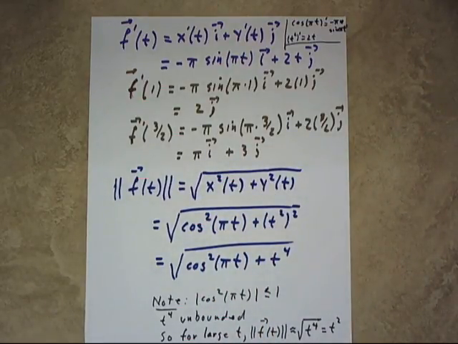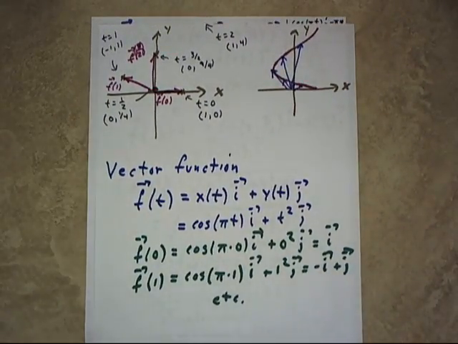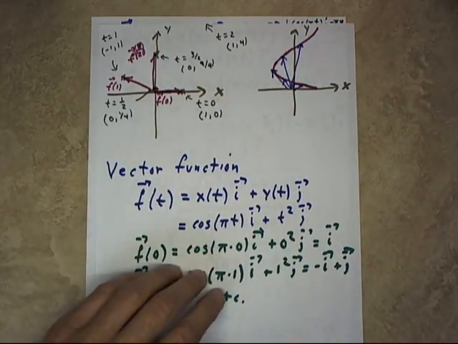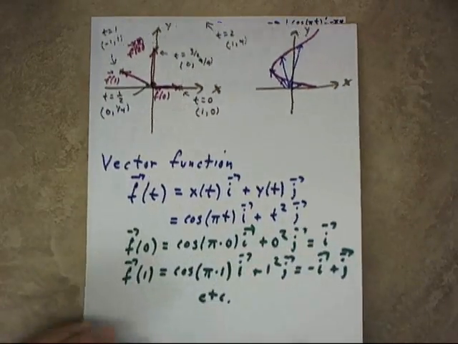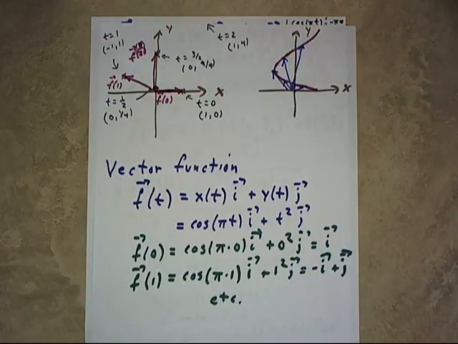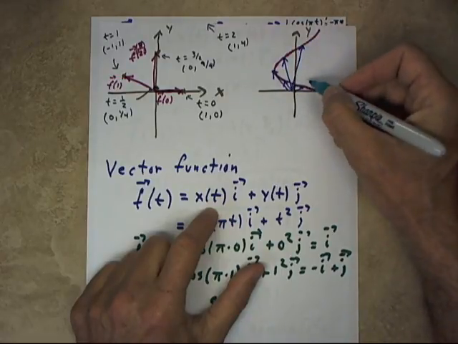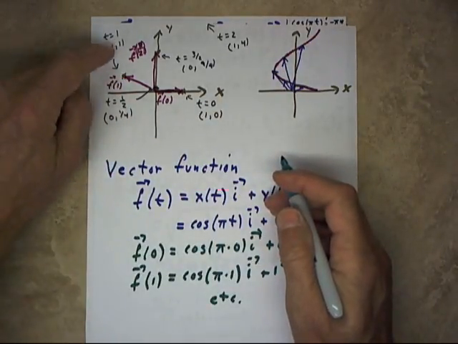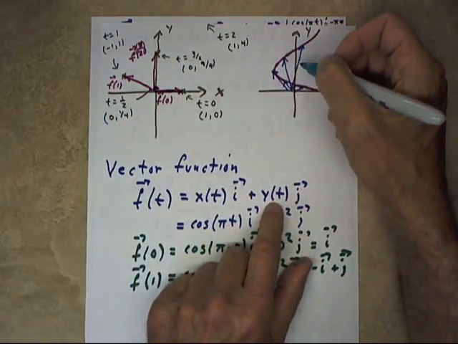Now let's see what that might mean in terms of the graph of the function. Let's consider the meaning of f prime of 1. We found that to be 2j. If we're following this path, then at t equals 1, here's our t equals 1 point, and that will correspond to this vector right here.